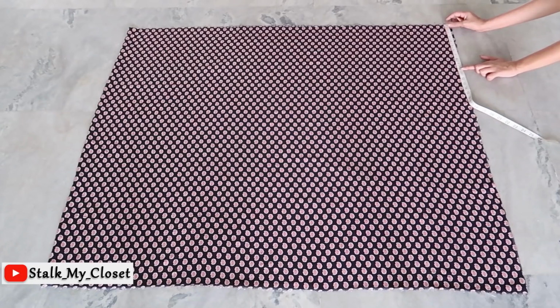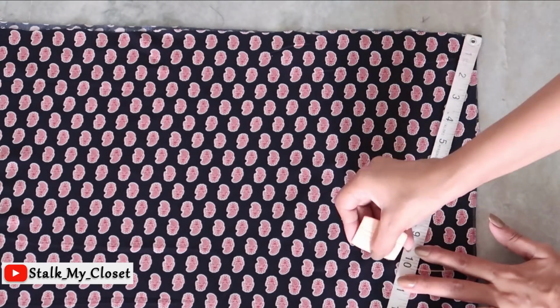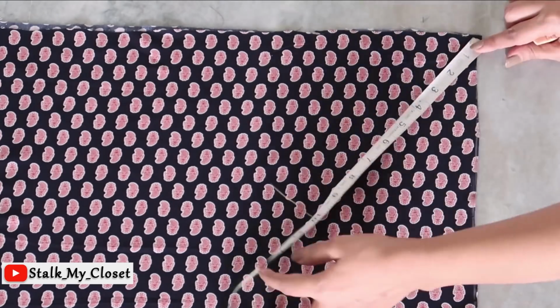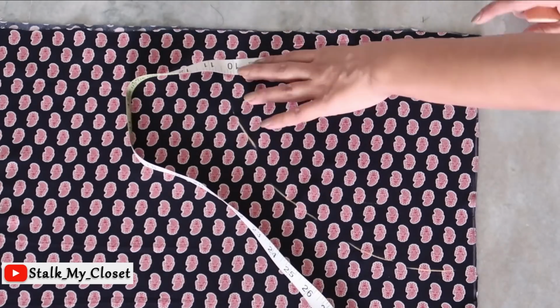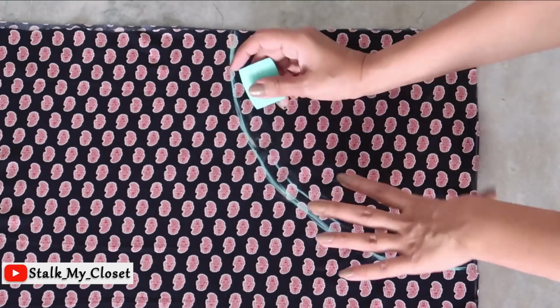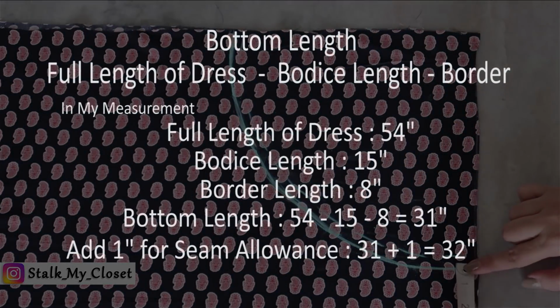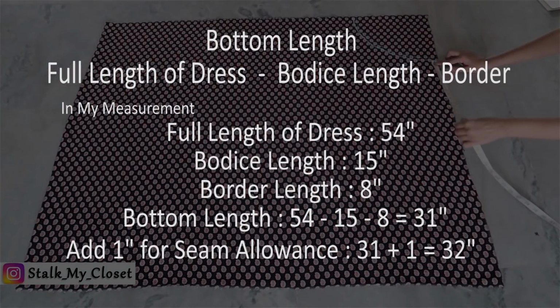From the top corner, I'll mark a point at 10 inch. Now keep the measuring tape on the top and mark the same point till the other side. Adding half inch for seam allowance. From this point, I'll mark length, which will be full length of dress minus body's length.